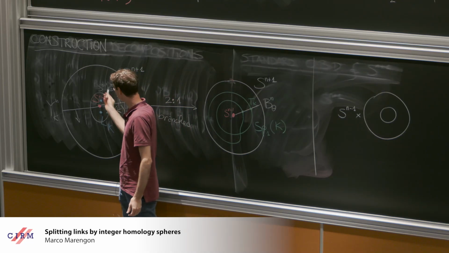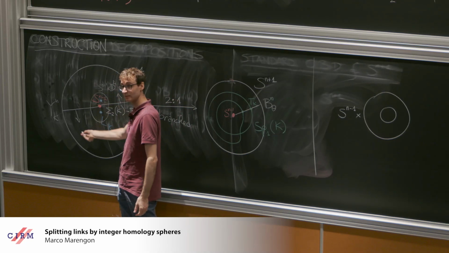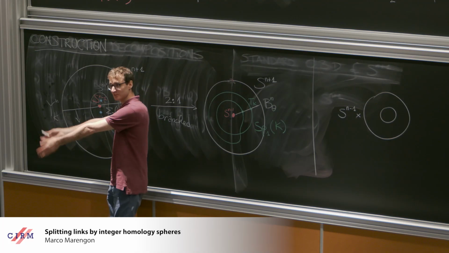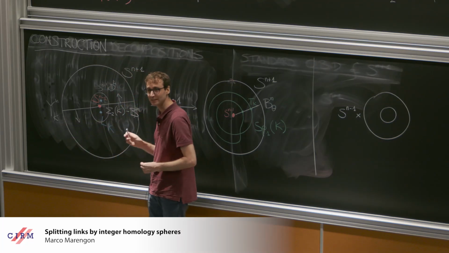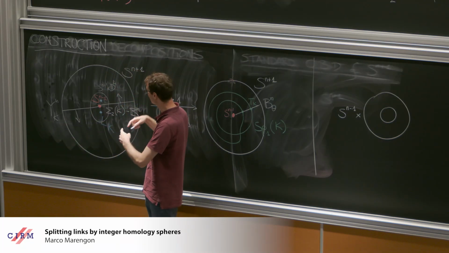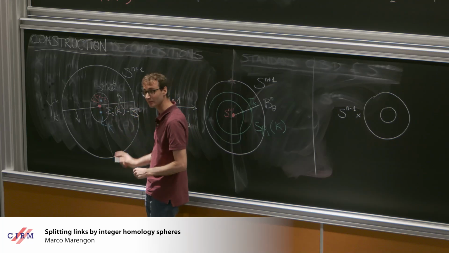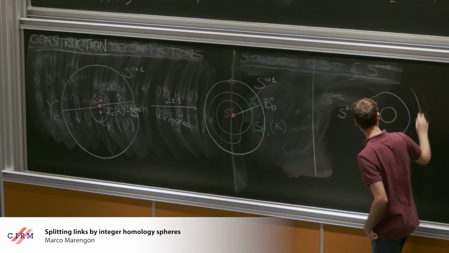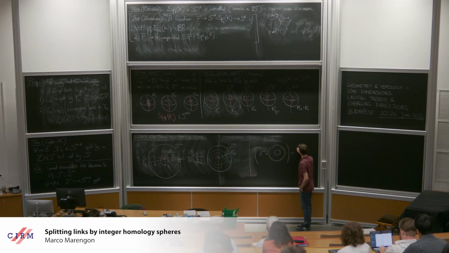The reason is that if you go around this disk, then you are encompassing both meridians, and so the map that it induces on H1 of the complement of the link is 0. And so it's this piece union two copies of S^{n+1} minus a neighborhood of the binding.